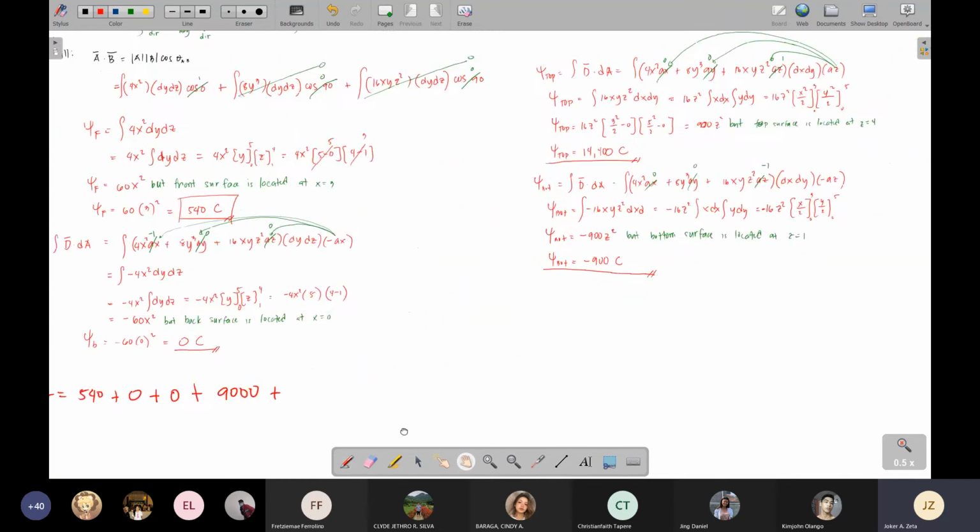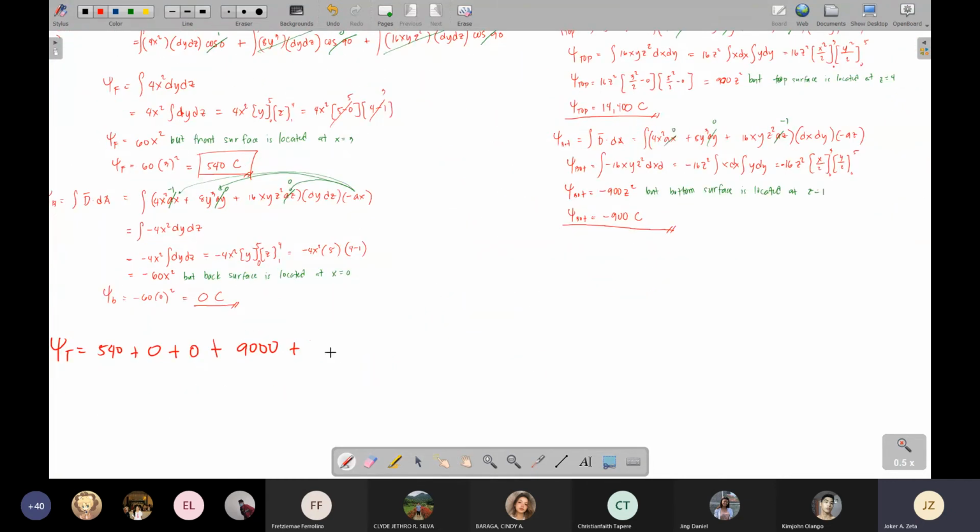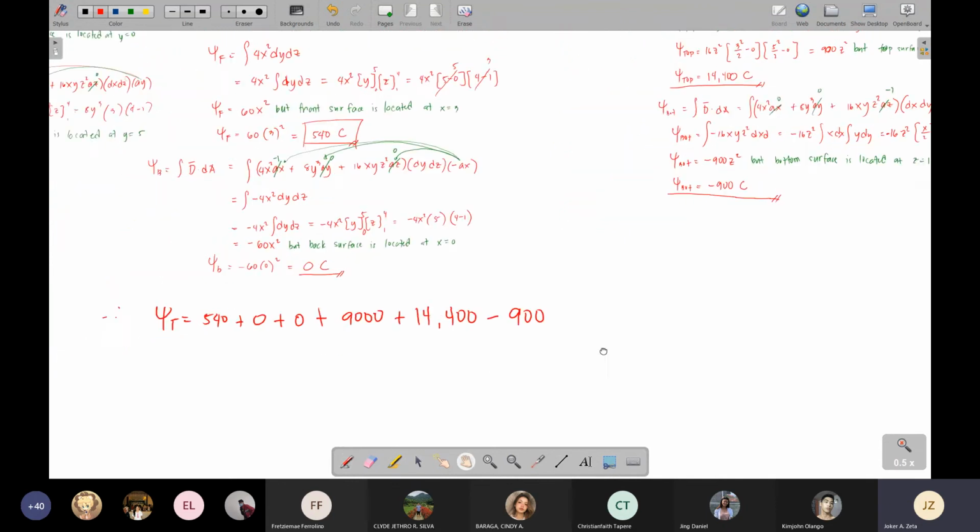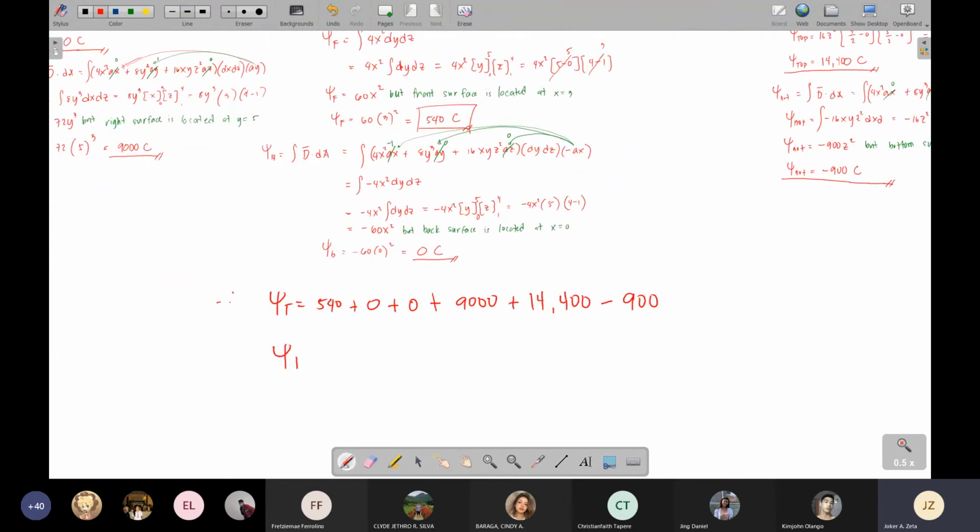Plus flux sa top, 14,400. Plus flux sa bottom, negative 900. Pila may answer? Flux total is equal to 540 plus 0 plus 0 plus 9,000 plus 14,400 minus 900. Answer is 23,040.